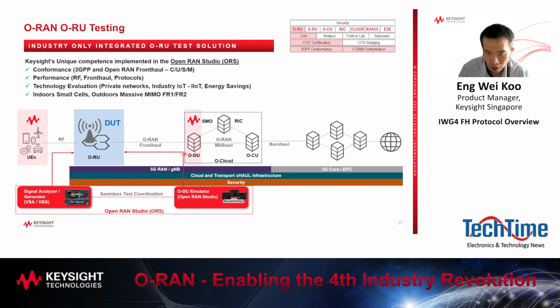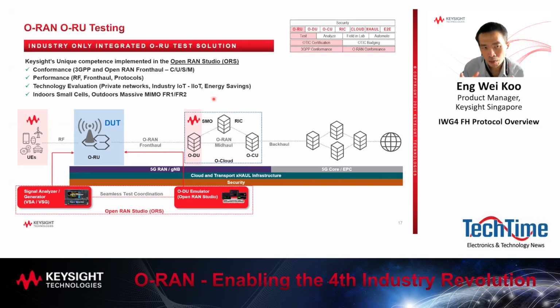The user plane carries the 3GPP payloads in a time synchronized fashion, making sure the delay management implemented within the ORU is operating correctly, so that we can receive it over the downlink in the VSA. Similarly, before the VSG sends a signal in the uplink, we have to make sure that the ODU sends a control plane over the front haul interface, so that the ORU is able to pass the information over the open front haul interface to the ODU emulator for validation.